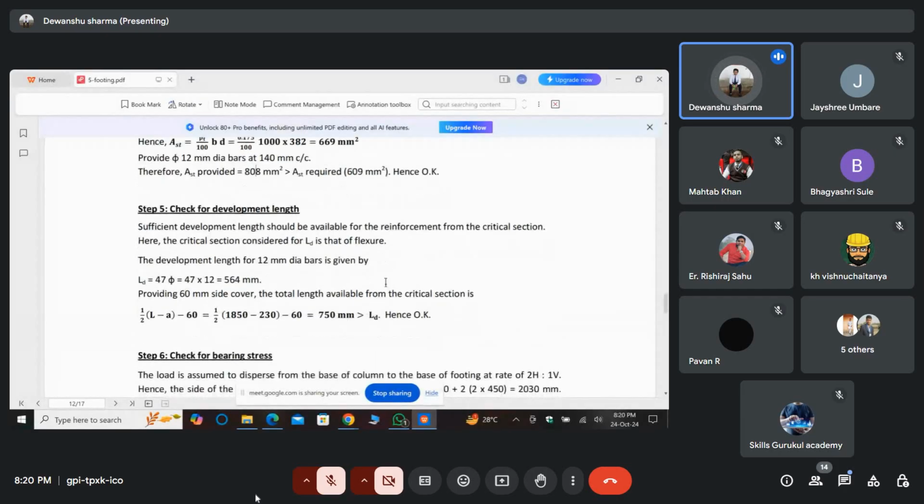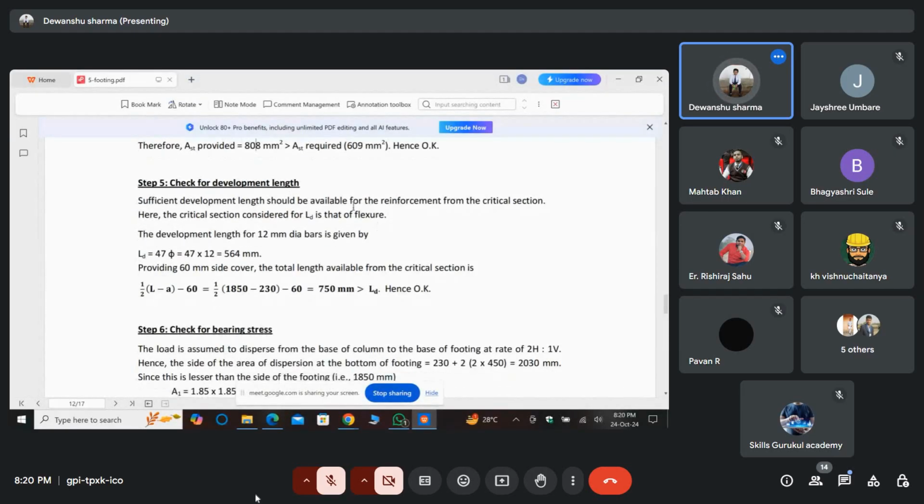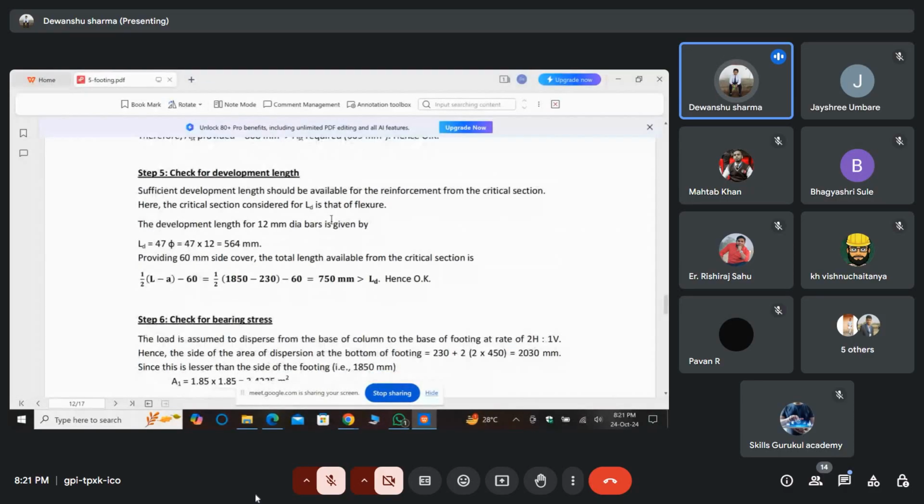The next step is to check for development length. Development length, sir, already we discussed. Sufficient development length should be available. Why we require development length? So sufficient development length should be available for the reinforcement from the critical section. Here the critical section considered for Ld is that of flexure.